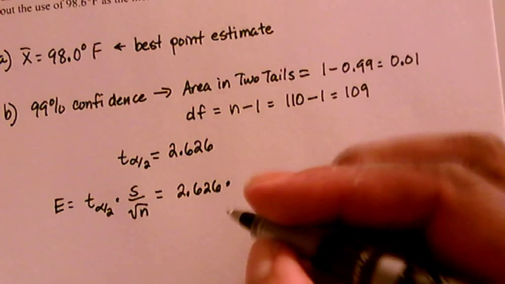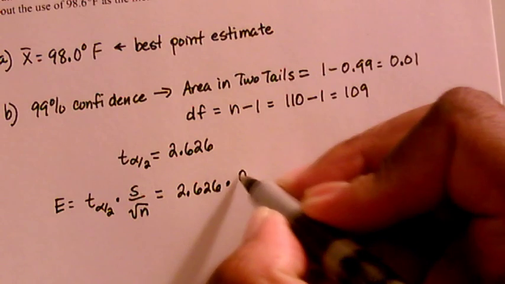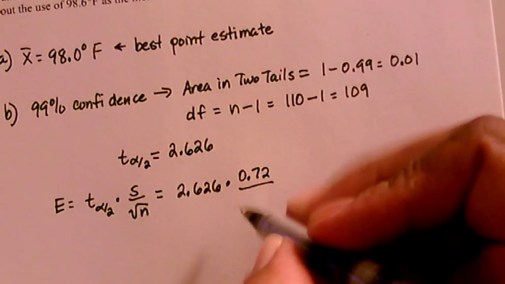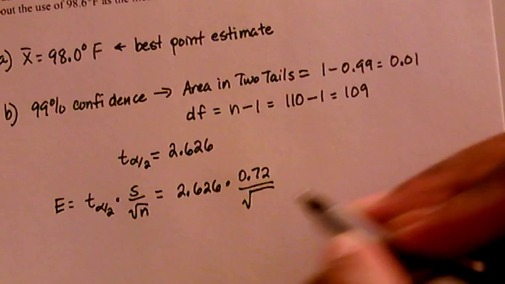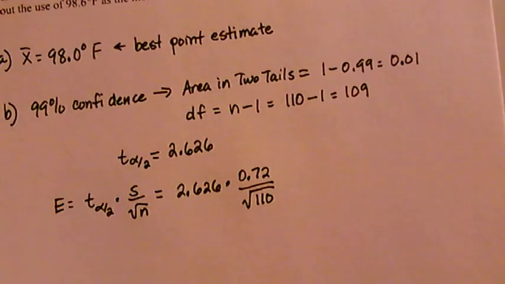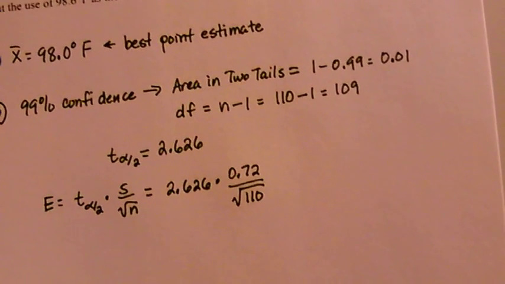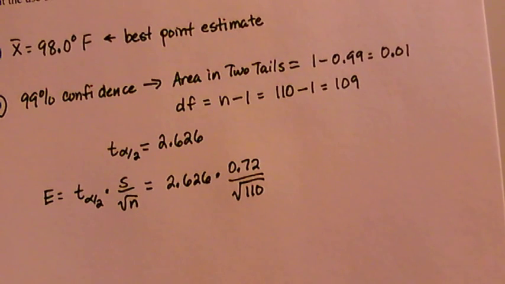So here, that's what S is equal to, 0.72 divided by the square root of n. And n is 110, not the 109. The 109 represents your degrees of freedom. Your n is your sample size of 110.